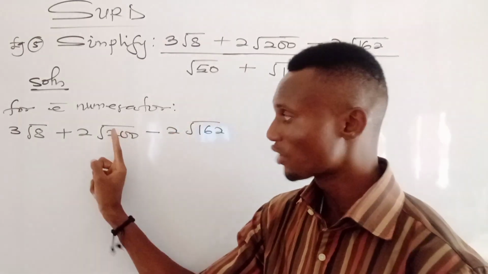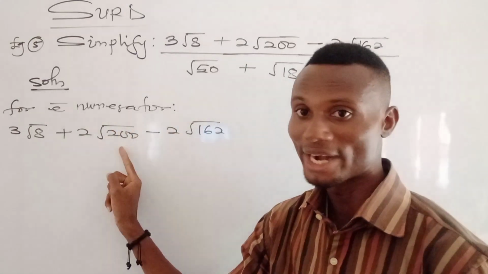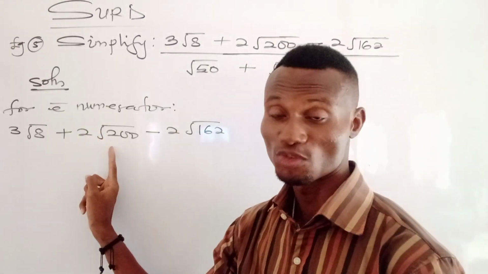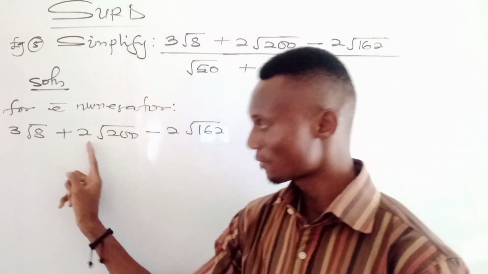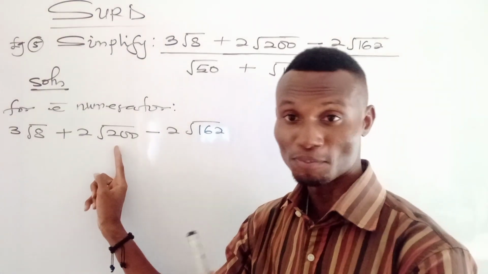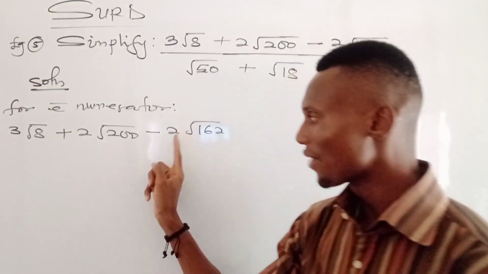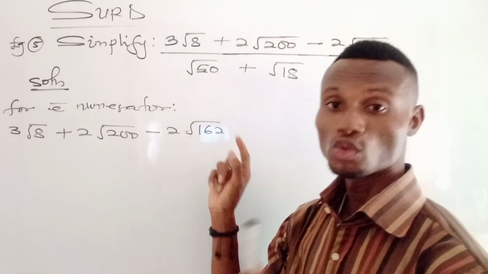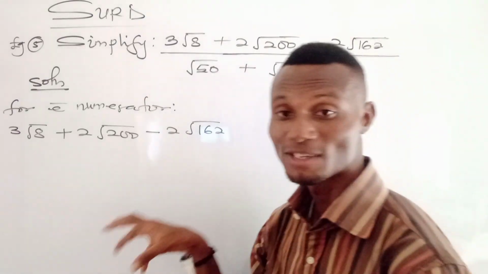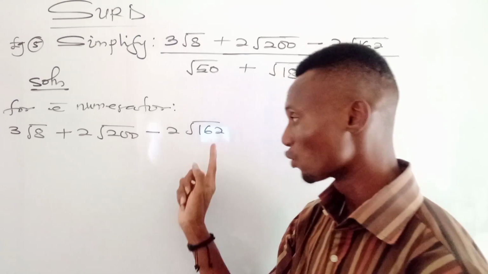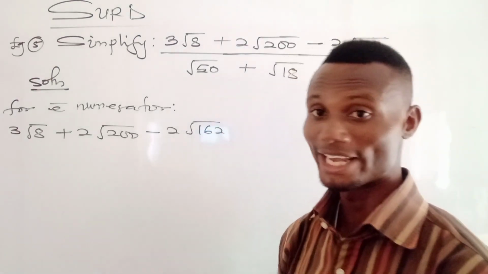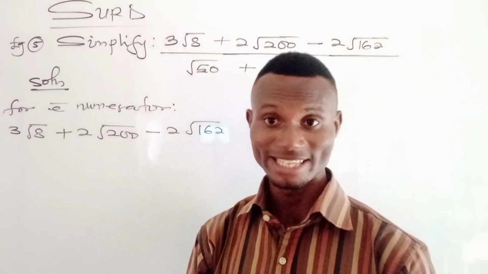We also simplify the square root of 200, and the 2 multiplying it will multiply whatever answer we get. And the minus 2 multiplying the square root of 162 will also multiply whatever value we get for simplifying it. I hope the explanation is clear enough.